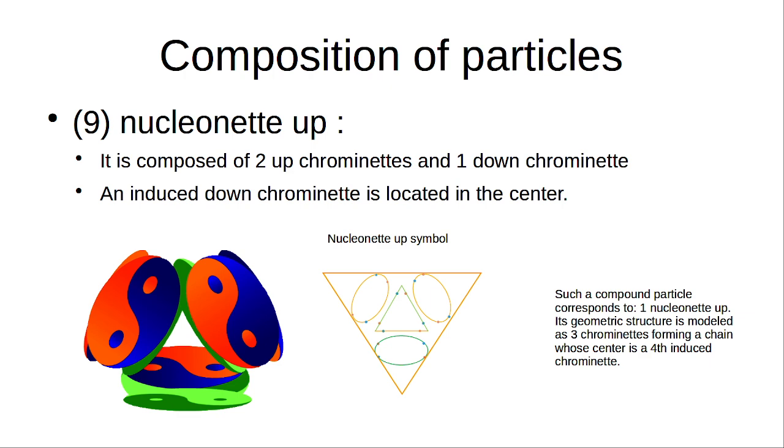Its geometric structure is modeled as 3 chrominates forming a chain whose center is a 4th induced chrominate. A nucleonate up is just a proton without free electric charge.